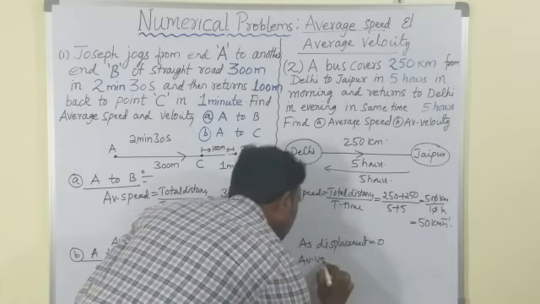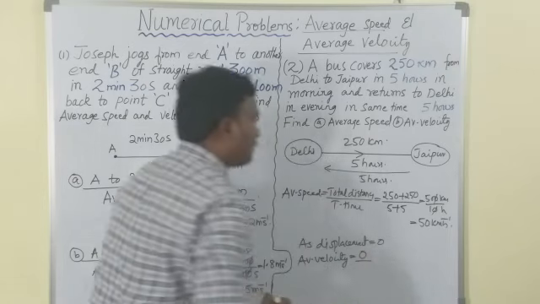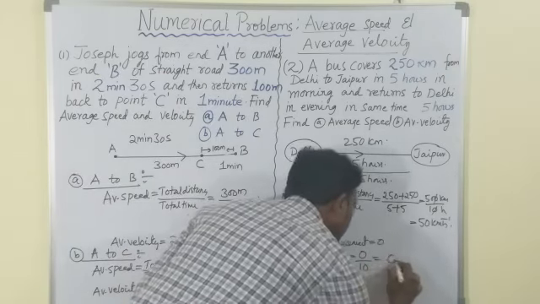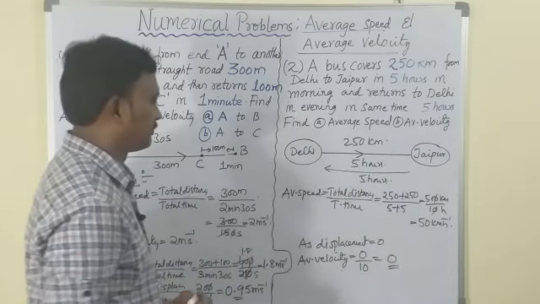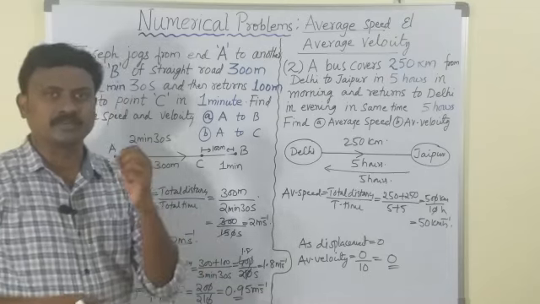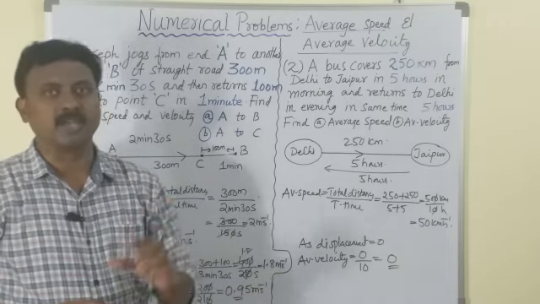So average velocity is displacement by time, that is 0 by 10 hours, which is 0. I hope you have understood these two questions. These two questions are very basic problems which help us in understanding average speed and average velocity.